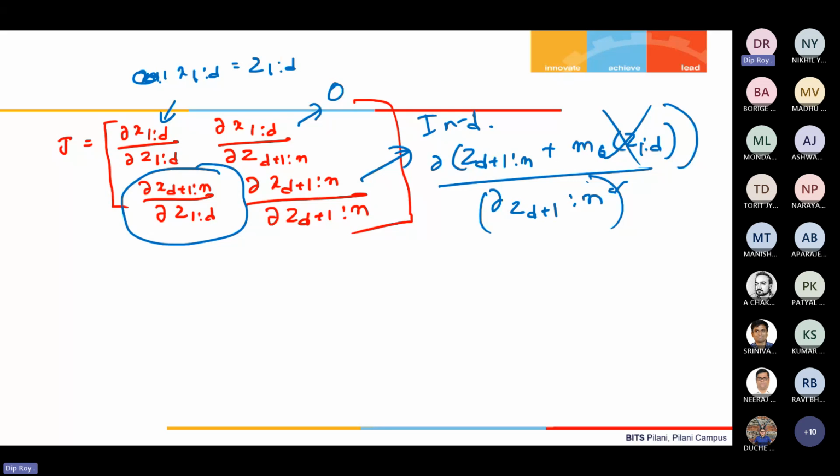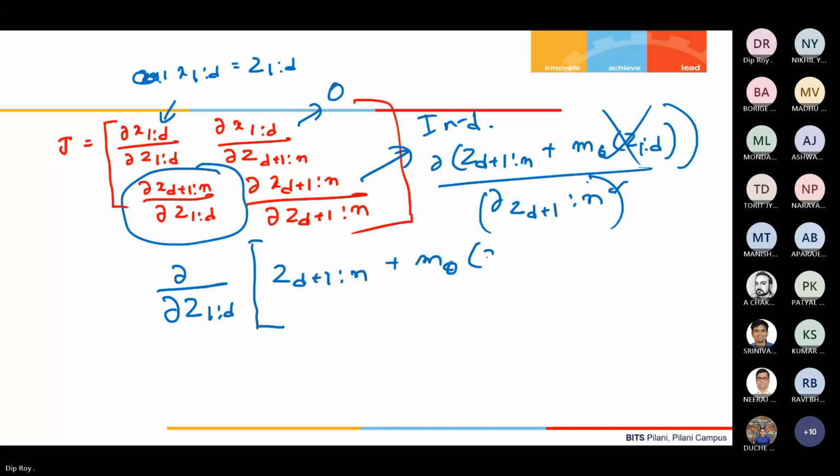The bottom left again can be written like this, which is the partial derivative of z. And when you take this particular thing, what happens?